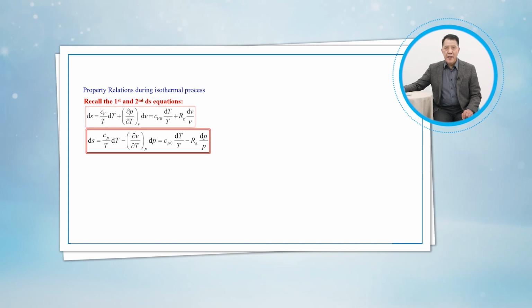We can easily find the property relations during isothermal process for an ideal gas. Based on the first and second DS equations, equations 5.30 and 5.32, we have expressions of entropy change for an isothermal process.